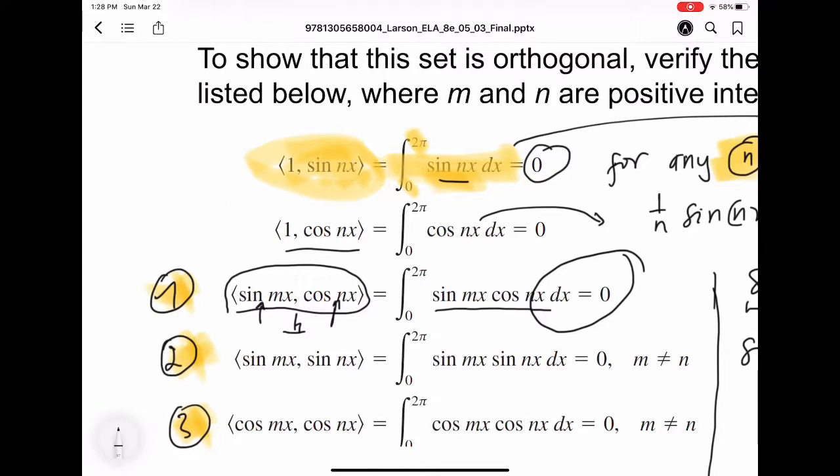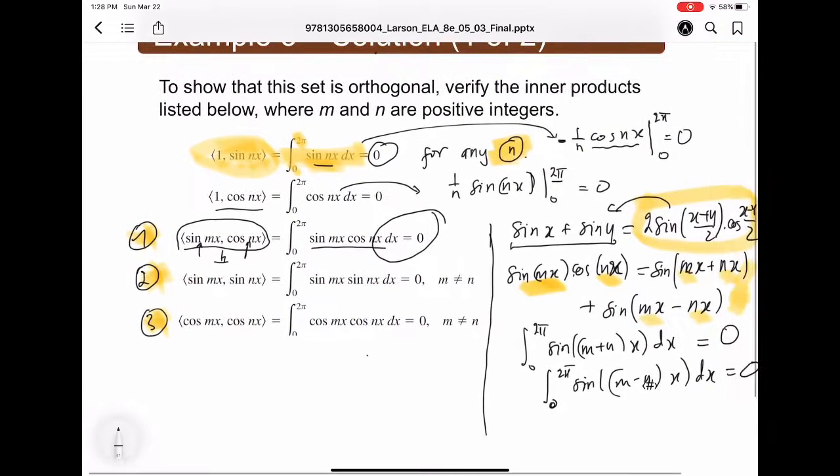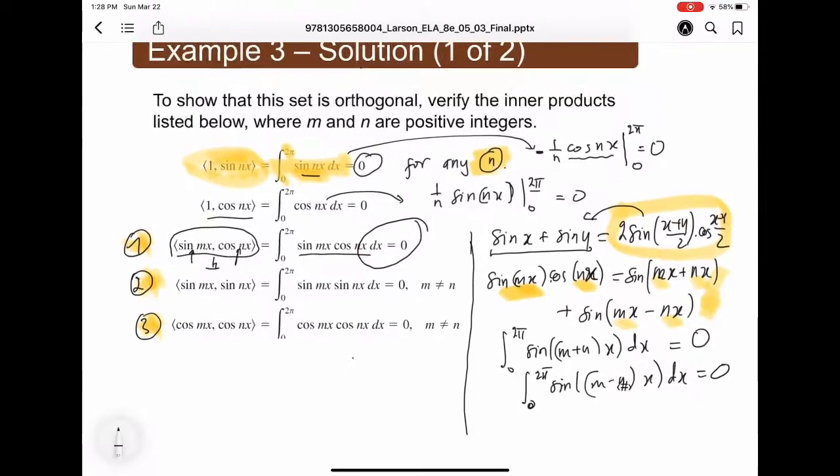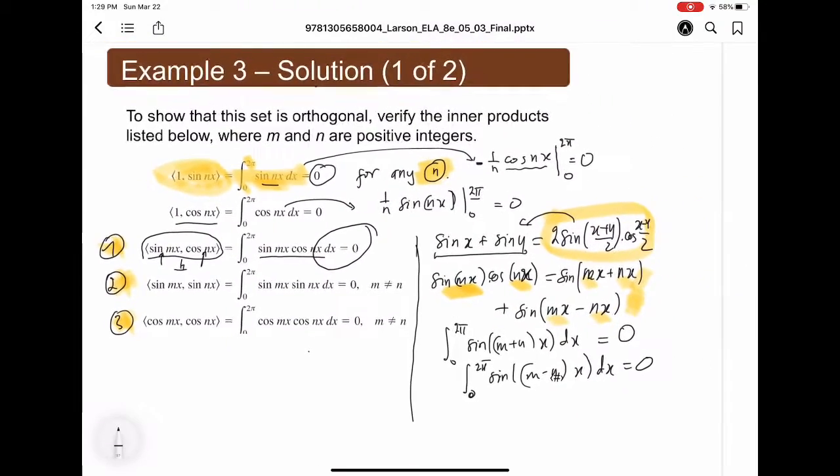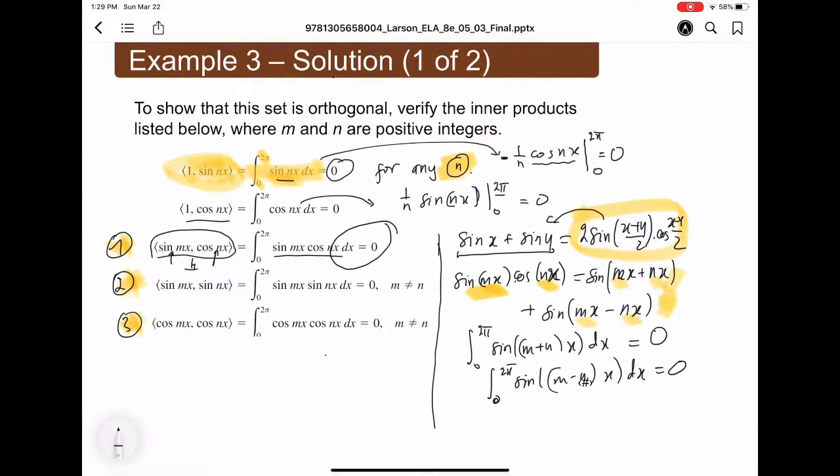Make sense? For the second identity, we use almost the same idea, but we also need to go from product to sum, with a different formula. I will write a formula for you, and you try to verify.